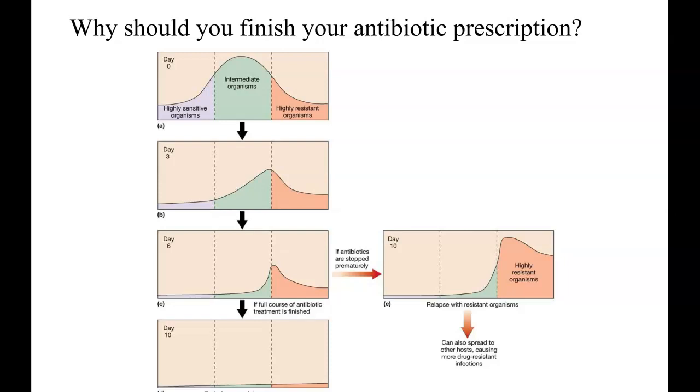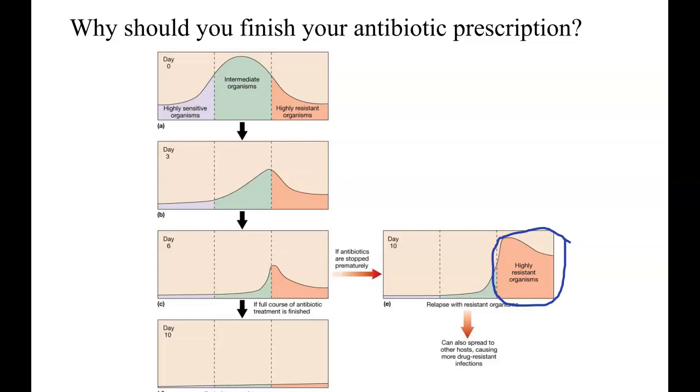If we stop taking our medicine for about 4 days, look at what happens at day 10. You notice that the population that has really taken off is our highly resistant organisms. We have given them the chance to take off, and so now they are really abundant.